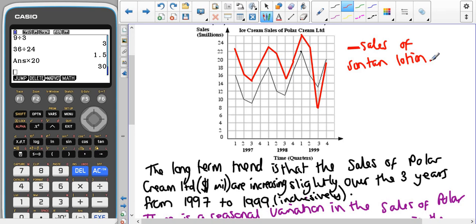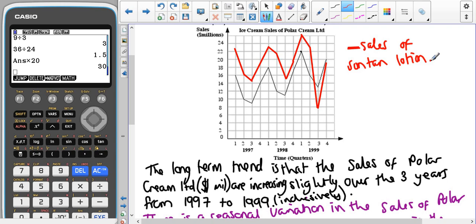So that's an idea of how we could try to compare two graphs drawn on the same one. Say which is higher, say if it's following the same sort of cyclical thing, and again you could pick out high points and low points, but there's only going to be 1 or 2 marks available for pointing out high and low points.